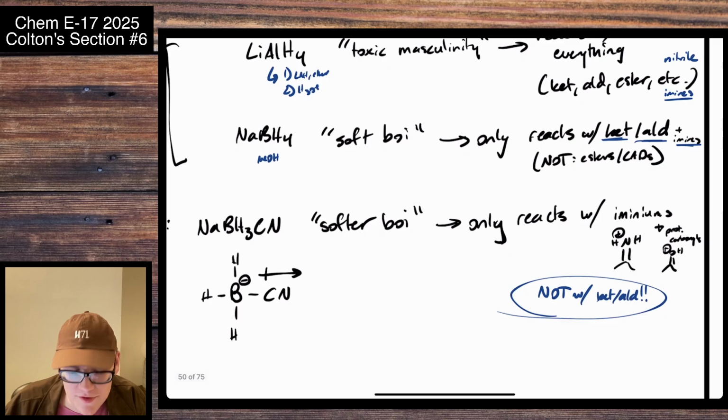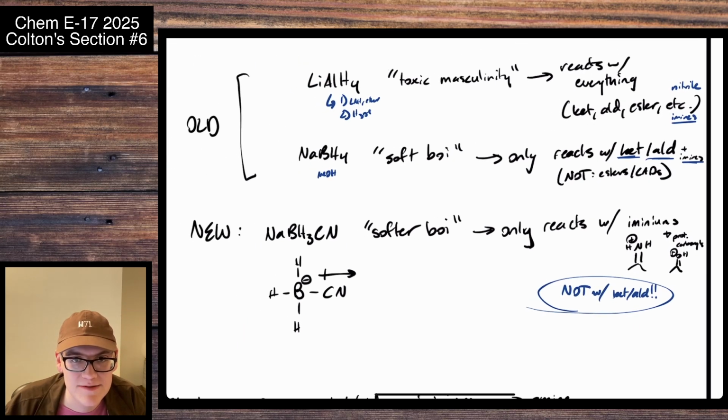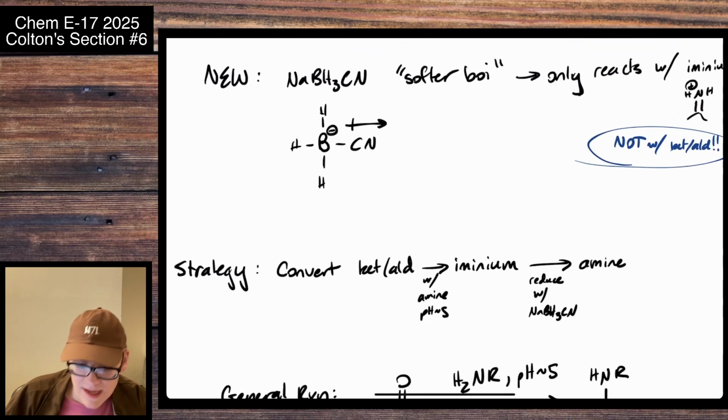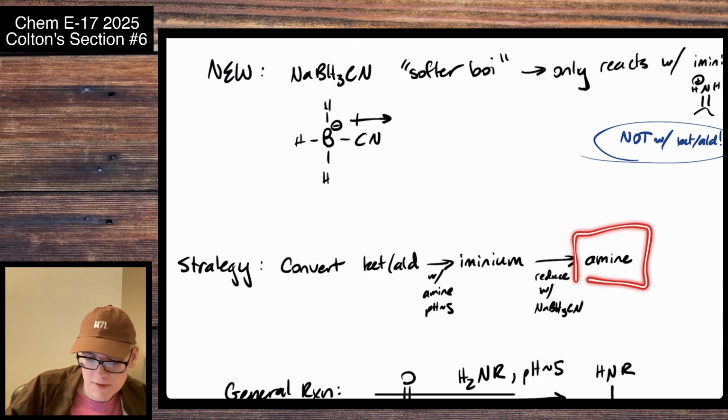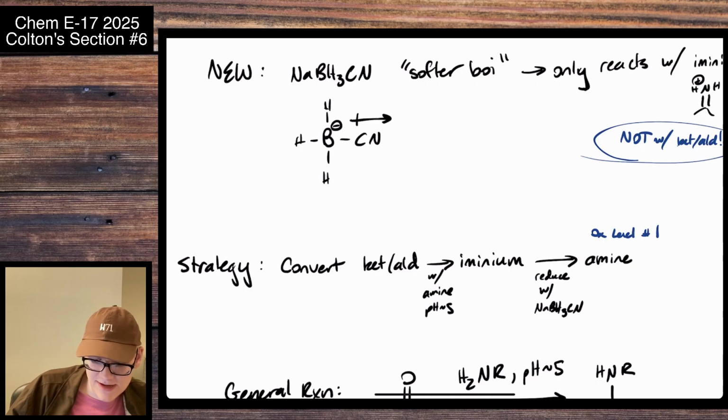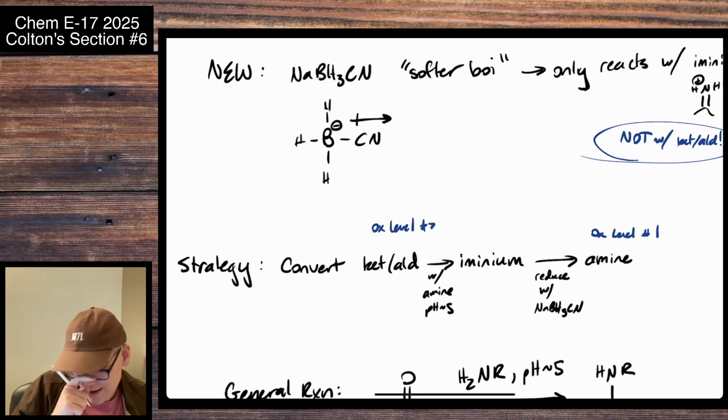And then this new character, NaBH3CN, will only react with those aminiums, protonated carbonyls, really good electrophiles. So the strategy is we want a new way of making an amine. Amines are at oxidation level 1, and ketones and aldehydes are at oxidation level 2.